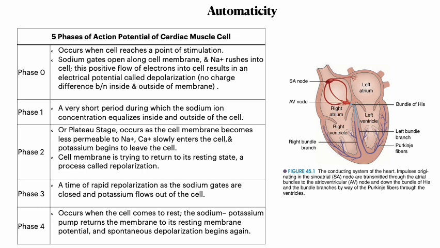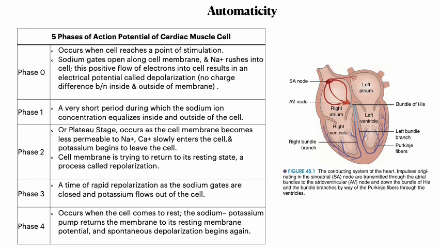The cell membrane is trying to return to its resting state, a process called repolarization. Phase 3 is a time of rapid repolarization as the sodium gates are closed and potassium flows out of the cell. And phase 4 occurs when the cell comes to rest. The sodium-potassium pump returns the membrane to its resting membrane potential and spontaneous depolarization begins again.